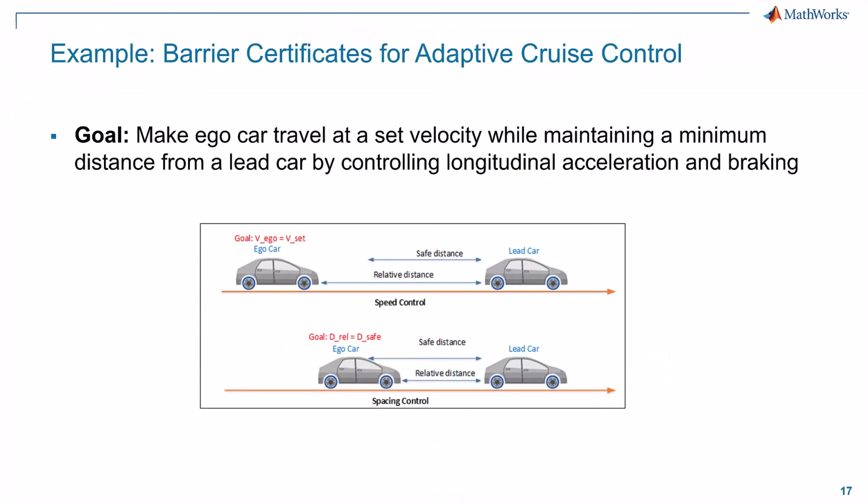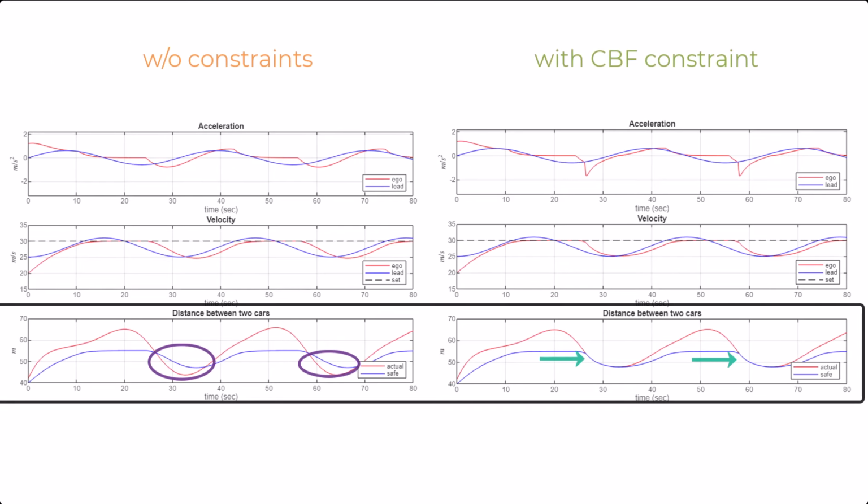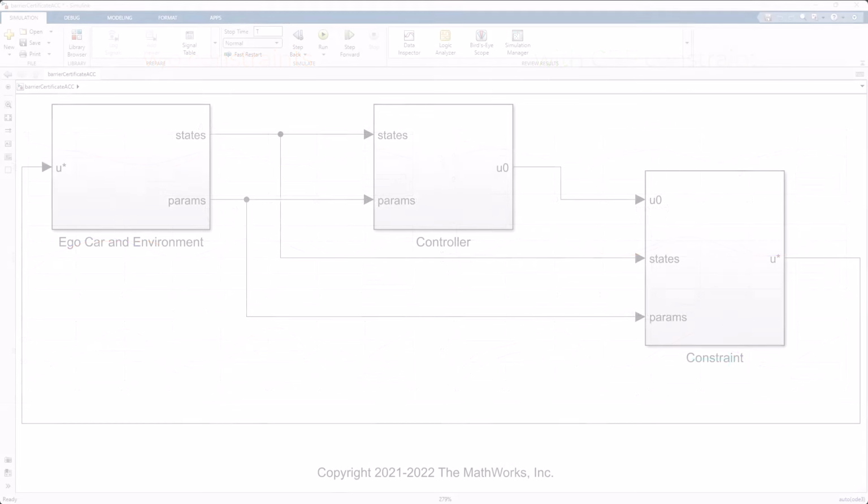Using an adaptive cruise control example, we saw how the ego vehicle failed to maintain minimum threshold distance from the lead car with just a basic controller, and by inserting a control barrier function block, we were able to actively monitor the control actions and adjust them in real time to avoid constraint violations.